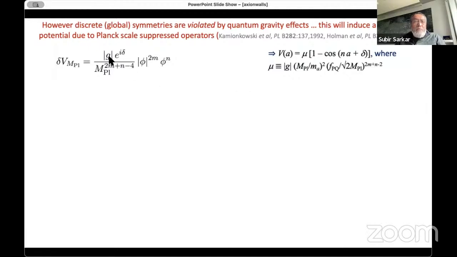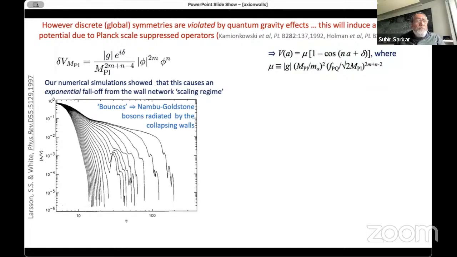Now, this G prefactor and also this phase delta, these are also things that should really come out of some ultraviolet, some quantum gravity theory, which we don't have. So you could argue that they don't have to be one. For example, if this is being done by wormholes or something, then it could be quite a lot smaller. But typically, you would expect them to be of order 1, and even if you fine-tune them, you would not really want to fine-tune them more than, say, 1 part in 100. We'll come back to that later.